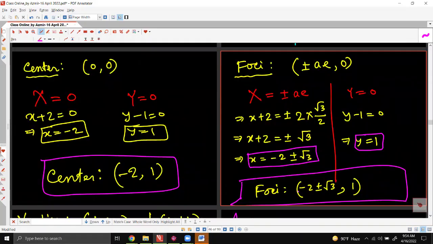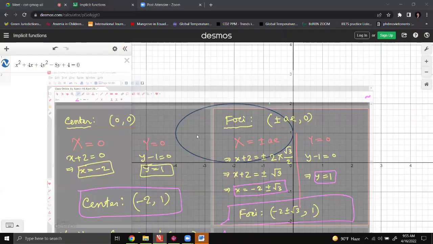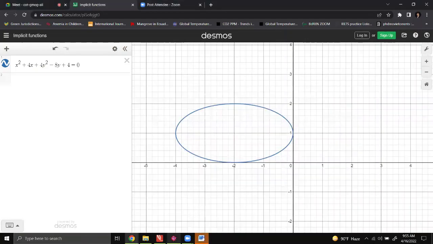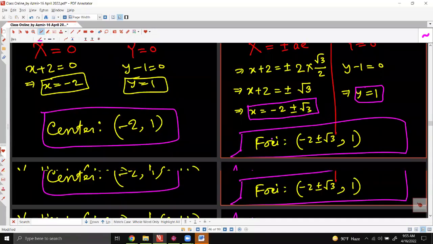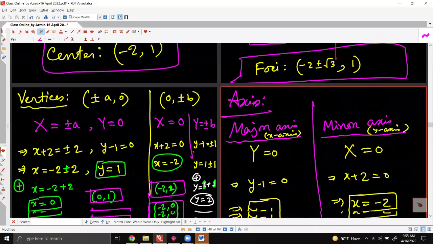Similarly, the foci are at minus 2 plus root 3, 1 and minus 2 minus root 3 comma 1. So this will be also here and here. Now let us have a look on the vertices.